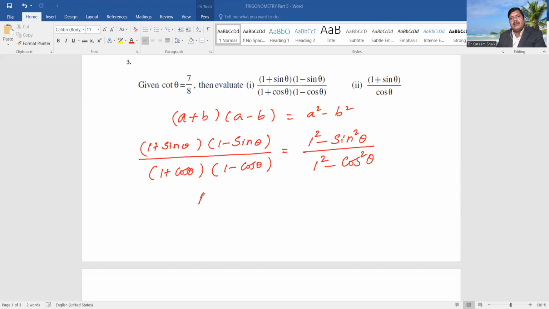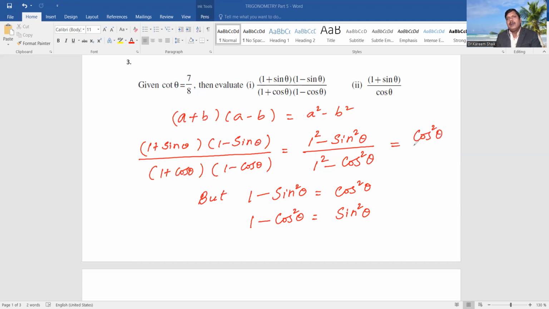But we know that 1 minus sin square theta equals cos square theta, as well as 1 minus cos square theta equals sin square theta. That means we can use this trigonometric identity. We can write 1 minus sin square theta as cos square theta upon 1 minus cos square theta, which is sin square theta.